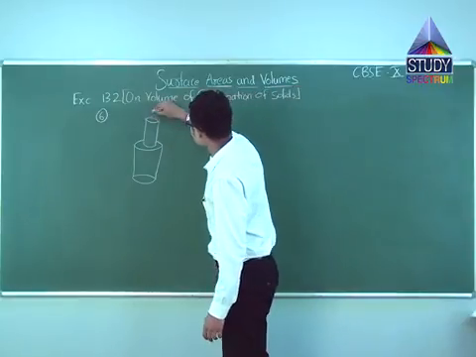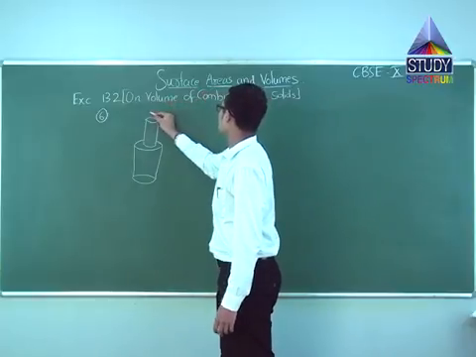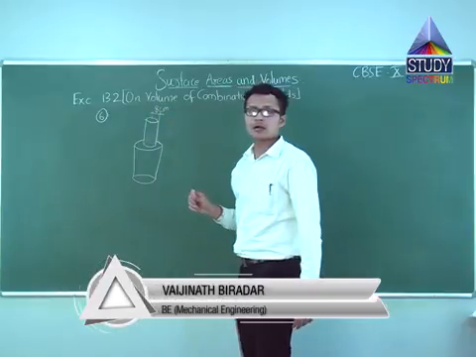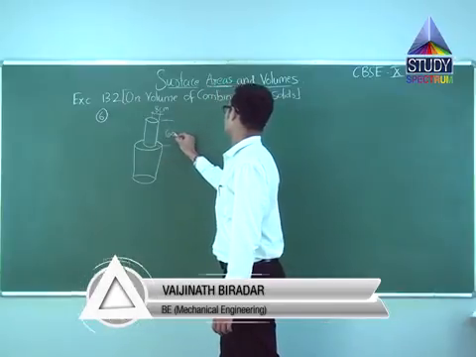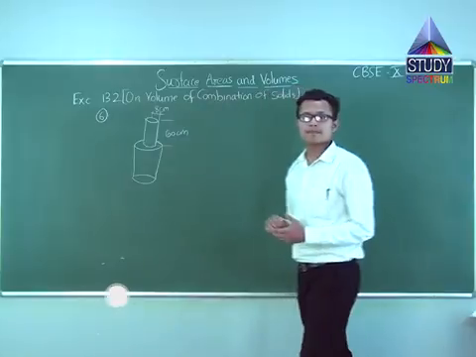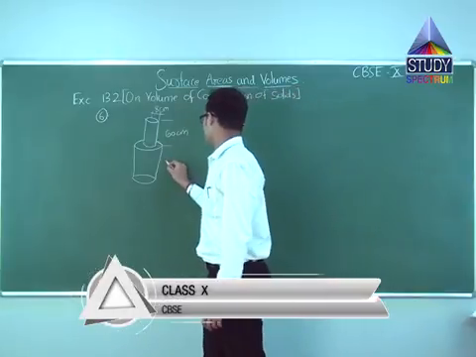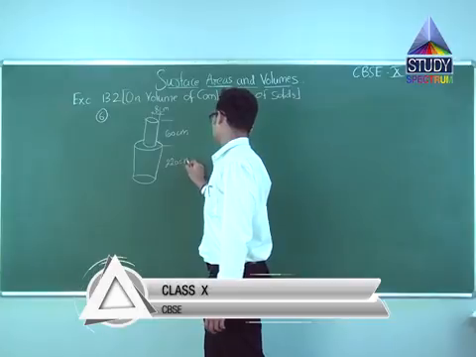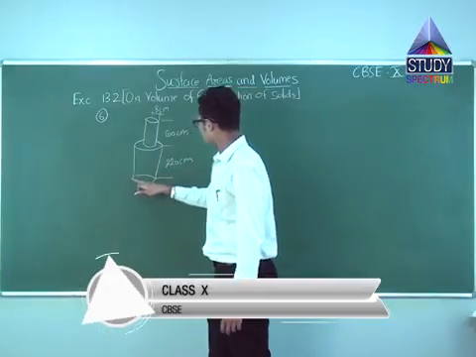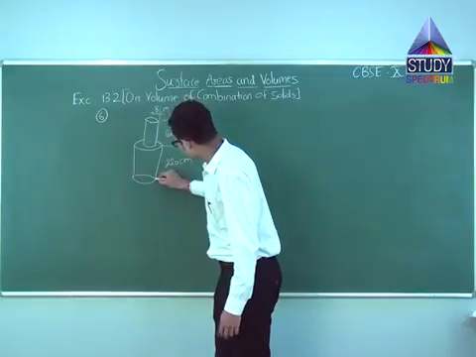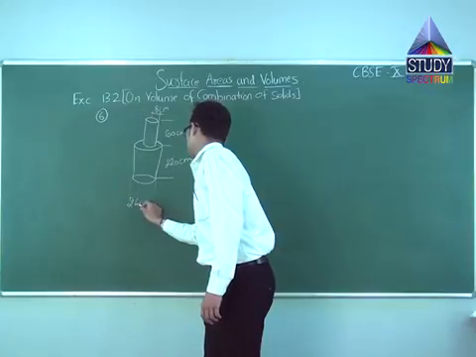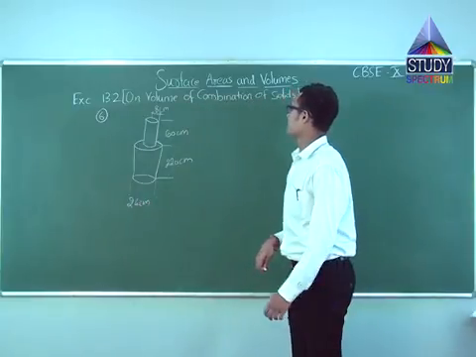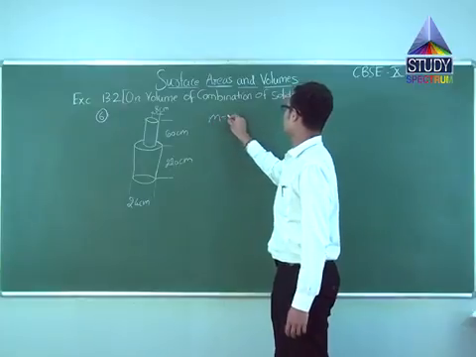Its diameter is given as 8 cm. Height is given as 60. Its height is given as 220 centimeters. And diameter of the bigger iron pole is given as 24 centimeters. So we have to find out what is the mass of this iron pole.